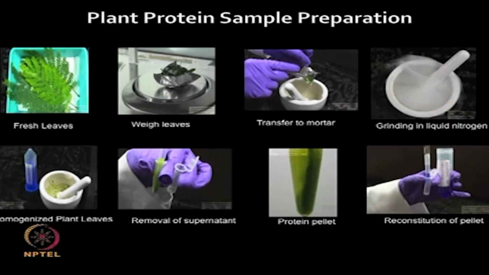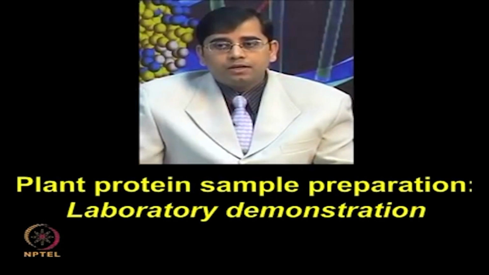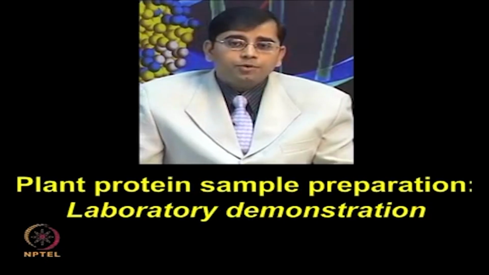After centrifugation, removal of the supernatant, how the protein pellet is formed, then it needs to be washed a couple of times with acetone, and then the pellet can be reconstituted in lysis buffer. So, let me give you a laboratory demonstration, a video for the plant protein sample preparation.